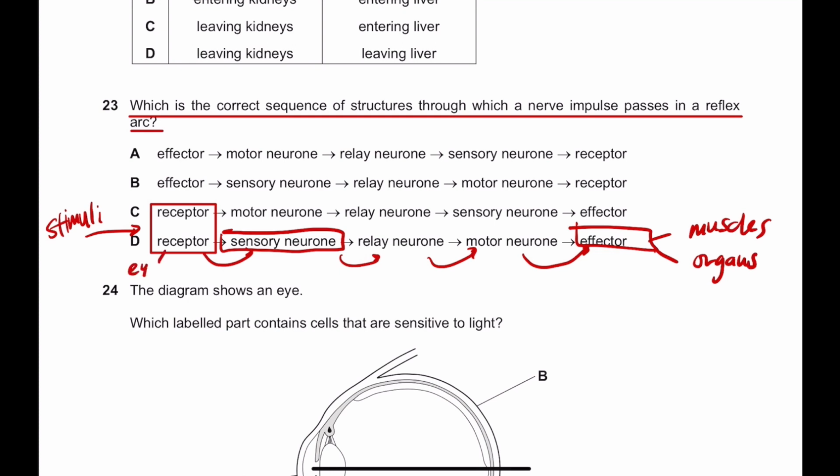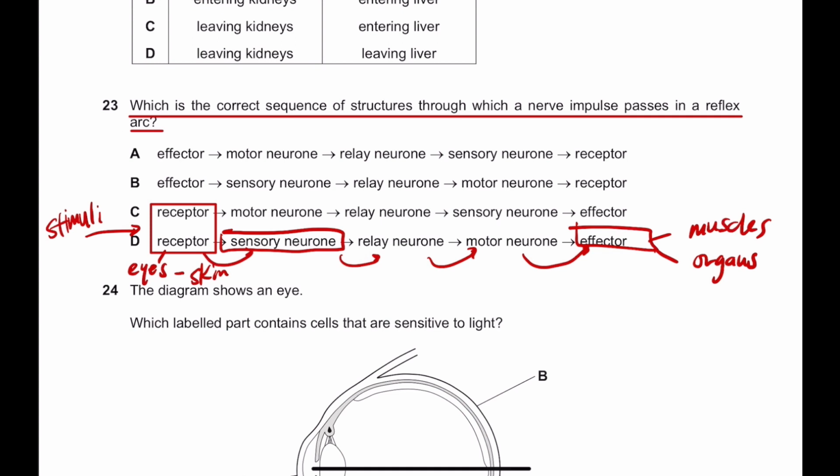Receptors are like eyes and skin. To be more precise, you should say that the temperature receptors, pain receptors or pressure receptors are inside the skin.